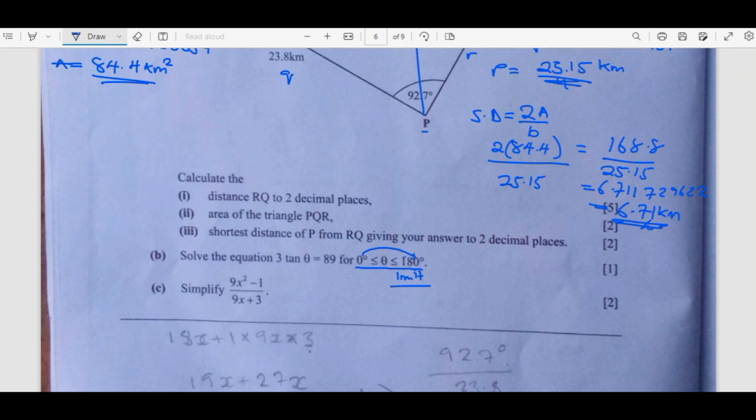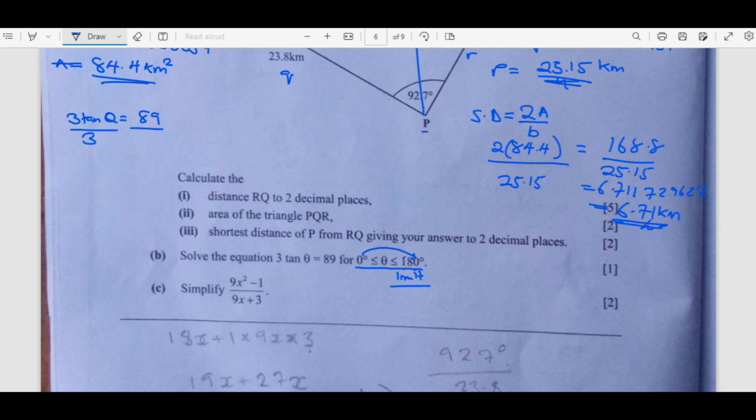So this is the limit which has been given. Now we can solve for tan. So 3 tan theta is equal to 89. Here we're going to leave tan, so we'll solve for tan.